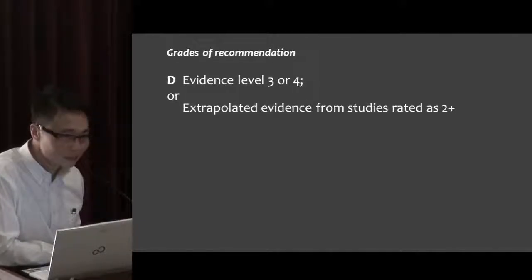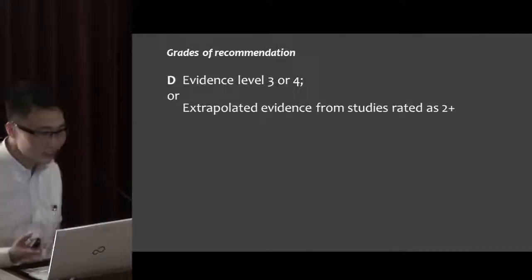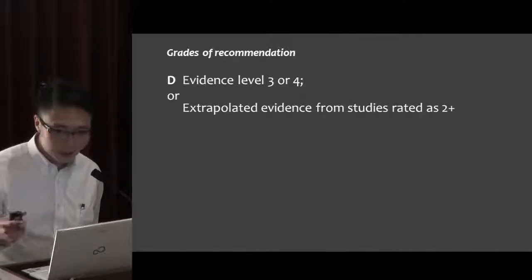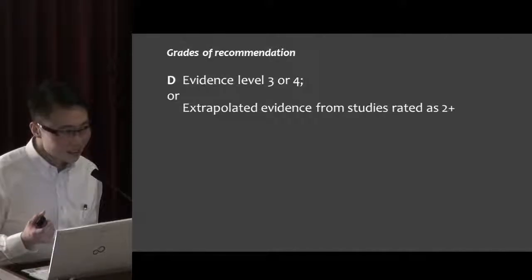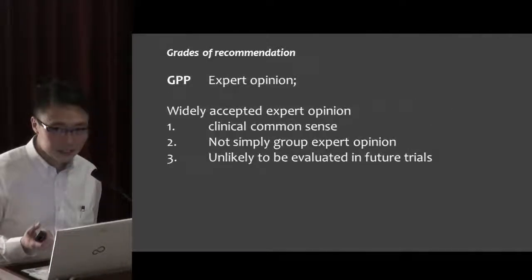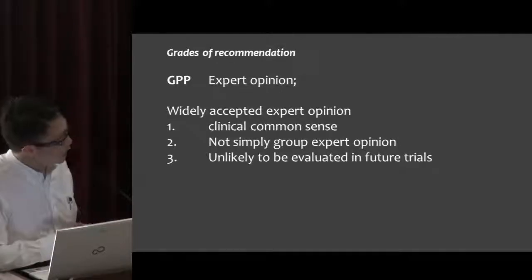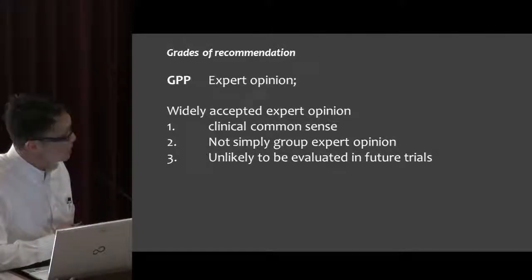Because level 3, if you remember earlier on, I said any one of us can just do a case series. We document our cases and come up with a report and some statistics. It's still very much an expert opinion kind of thing, just based on my practice. There's no control, there's no randomization, and there's a high suspicion for bias. So these are just level 3 and 4 evidence, and it's a D grade.